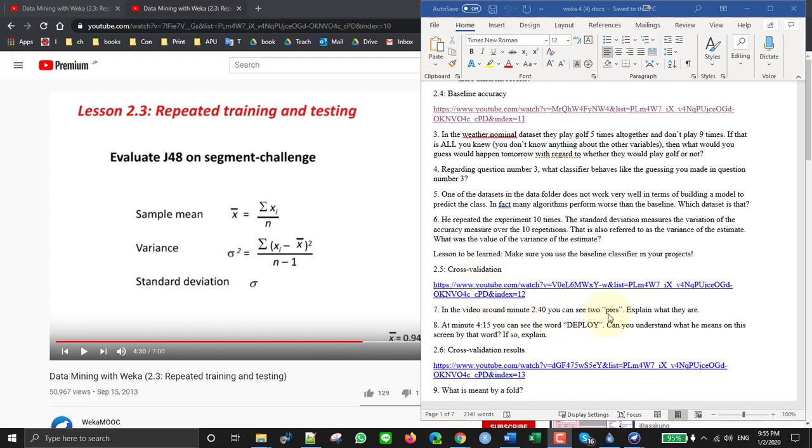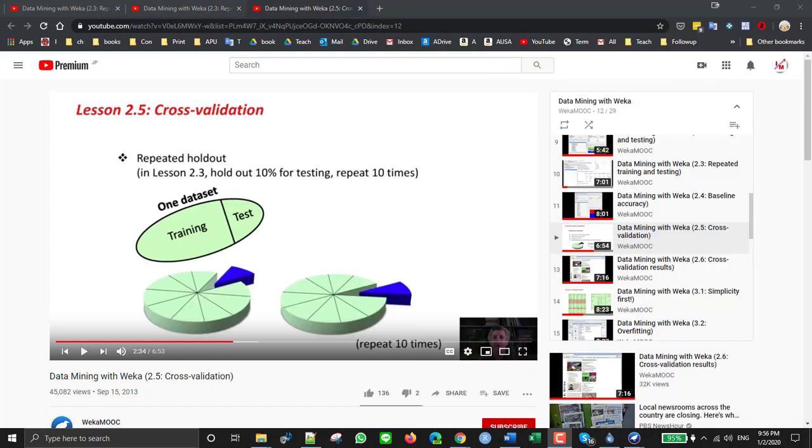You can see 2 pies. What are they? Here we see 2 pies, and this is explaining the idea of cross-validation. The whole circle represents the entire data set, and you split it up into usually 10 parts, which we call folds. Then you take one of them out, train on the rest, and test on the blue one, and you get an estimate of the accuracy.